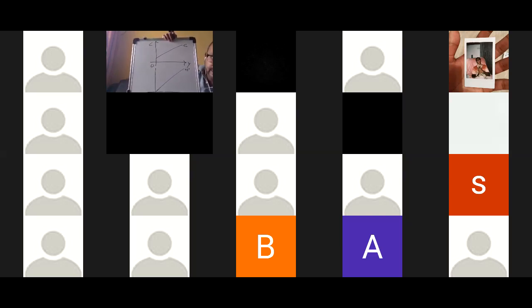Now when income was 0, use your common sense. When income was 0, consumption was A, so saving was minus A. So the same amount of A you draw over here below. Here this is A, so this is minus A.